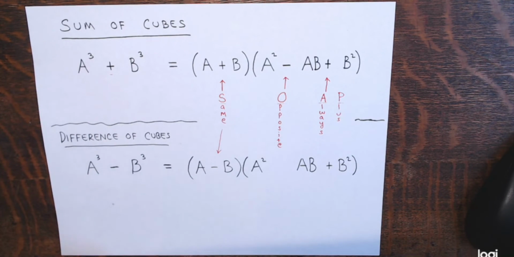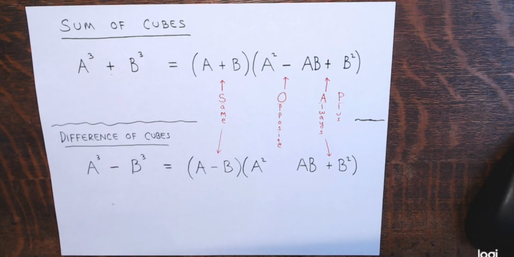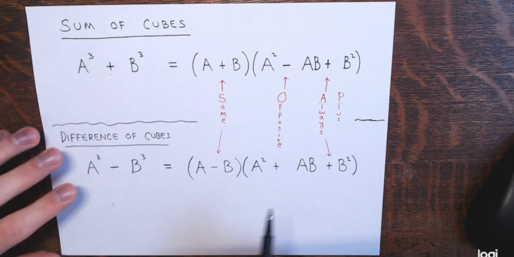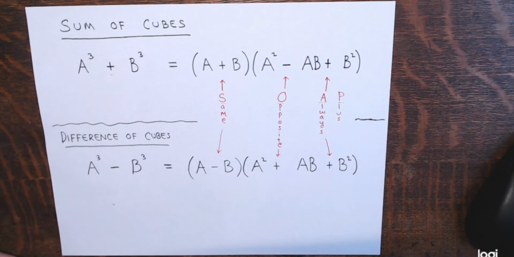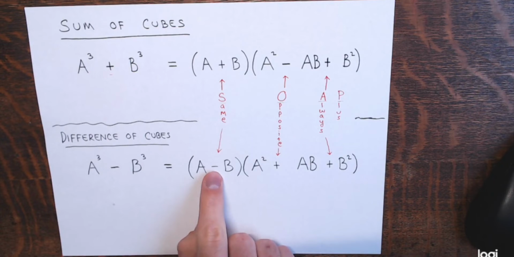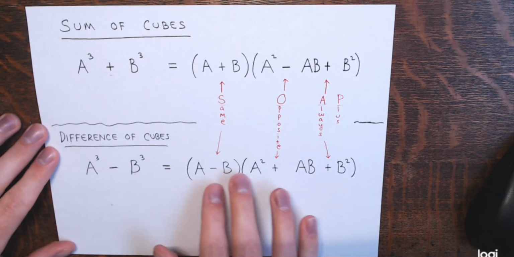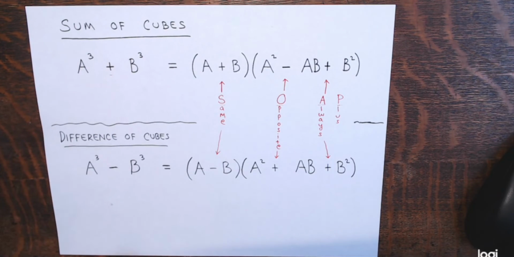So there's your always plus, the AP in the SOAP. And then the opposite sign is a plus here: a squared plus ab plus b squared. And again, that's the opposite sign of the minus here. If there's a minus here, there's a plus there. And again, you can check by multiplying. Multiply these out, combine like terms, you will end up with a cubed minus b cubed, I promise you.